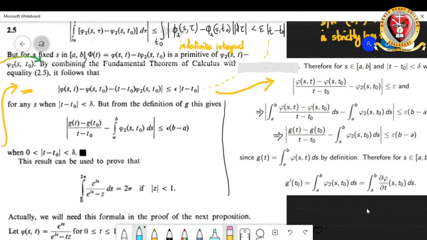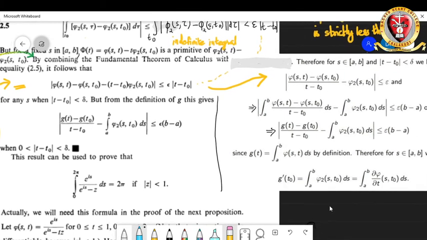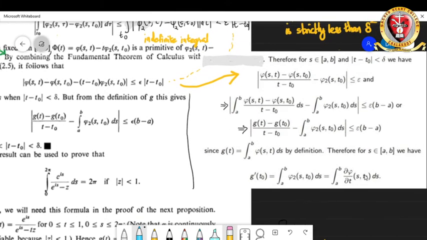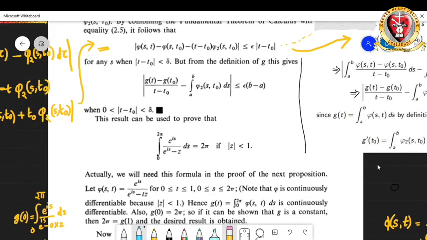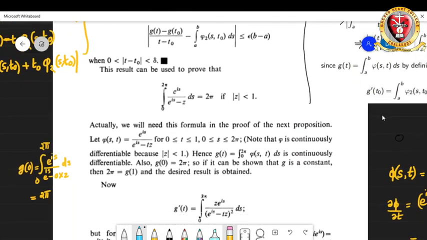So you got that g is differentiable, and from the first part we know, since ∂phi/∂t is continuous, integral from a to b of ∂phi/∂t will also be continuous. That means g dash of t is continuous, and so we can say that it is continuously differentiable. And using this result, we are going to illustrate how to get some answers of integrals.